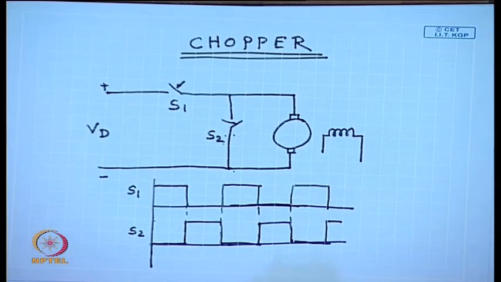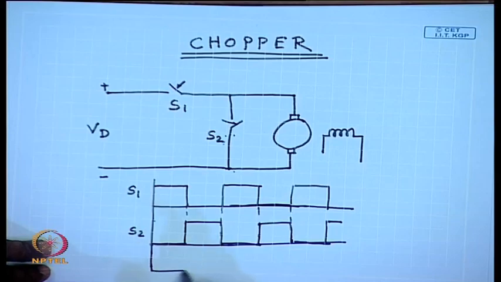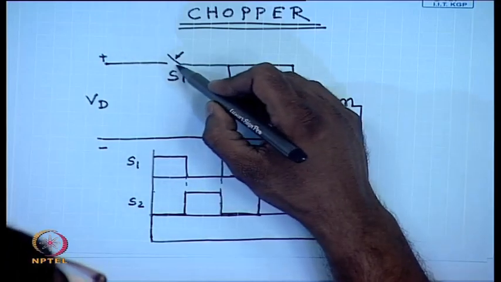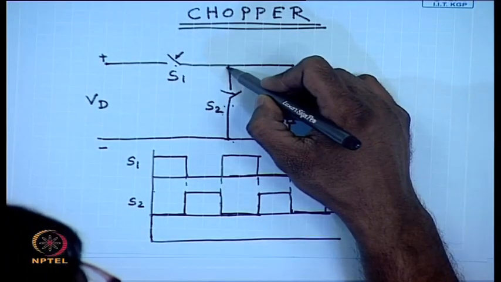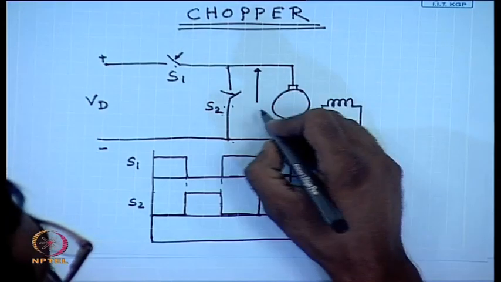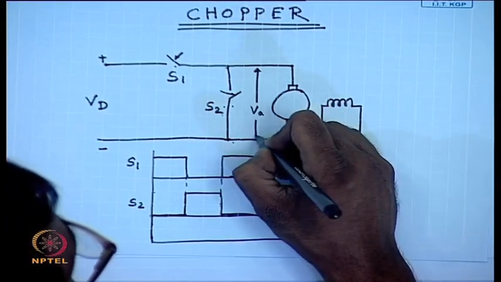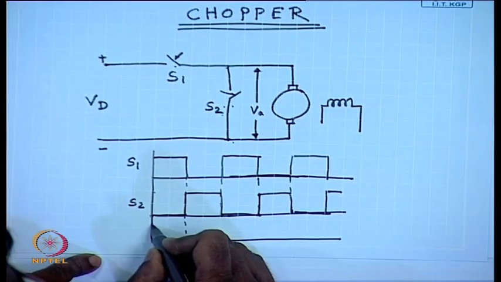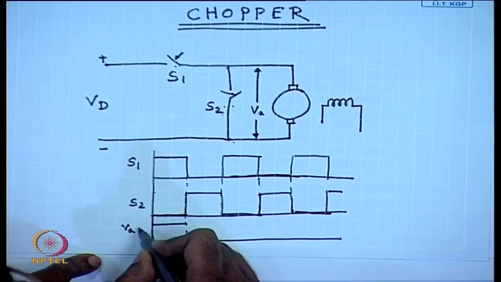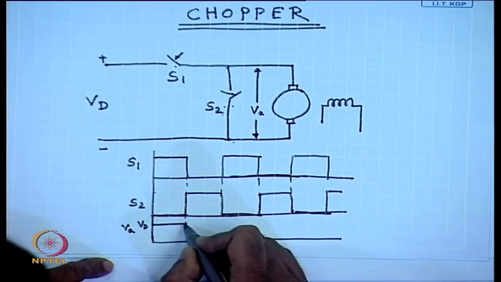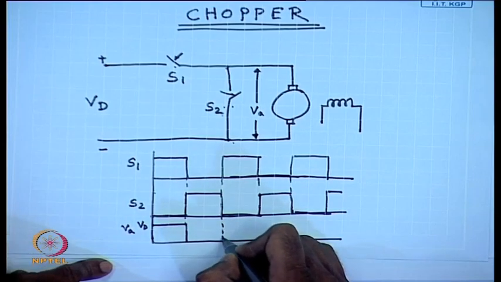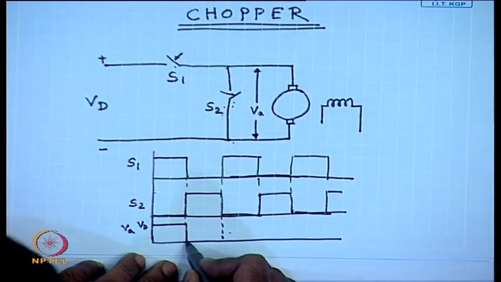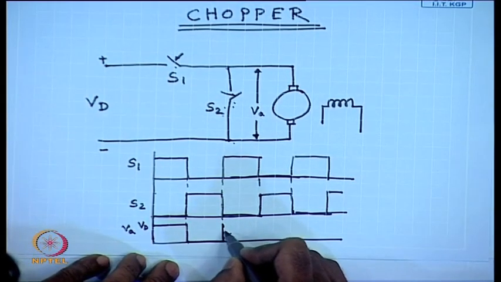So, what will be the waveform of the voltage applied across the armature? Obviously, whenever S1 is on, the applied voltage across the armature is same as V D. So, during this period the armature voltage, this is V D. During this period when S2 is on, the applied voltage is 0.